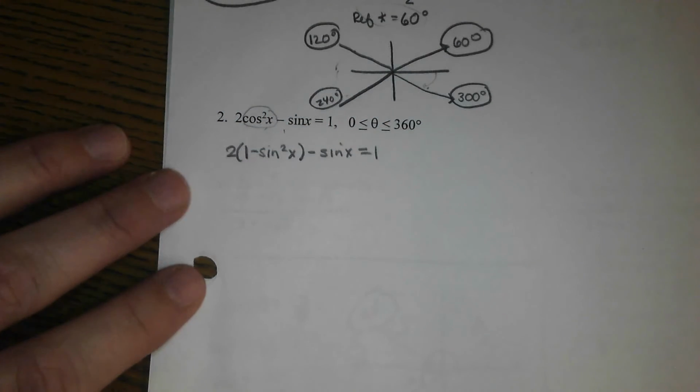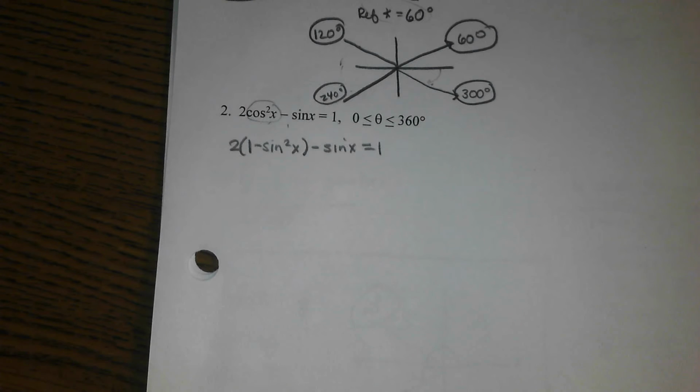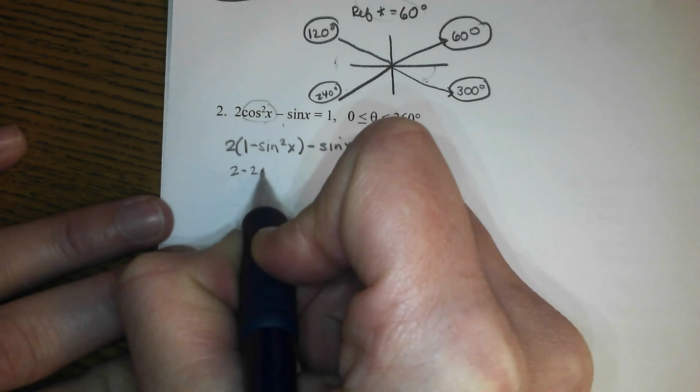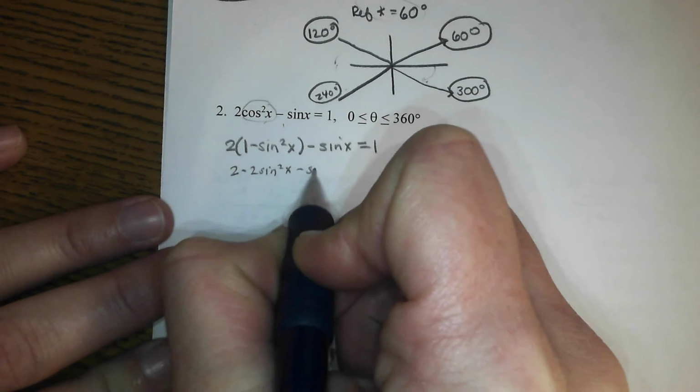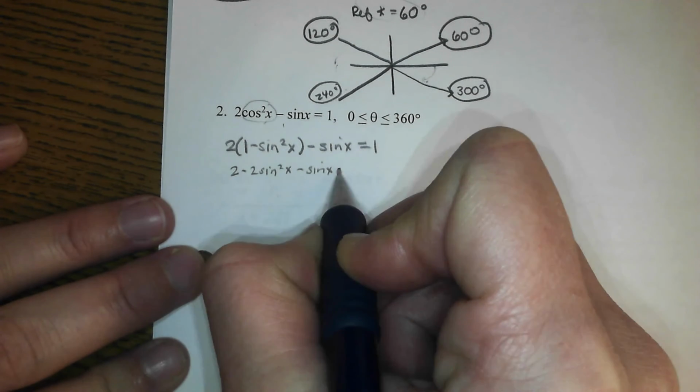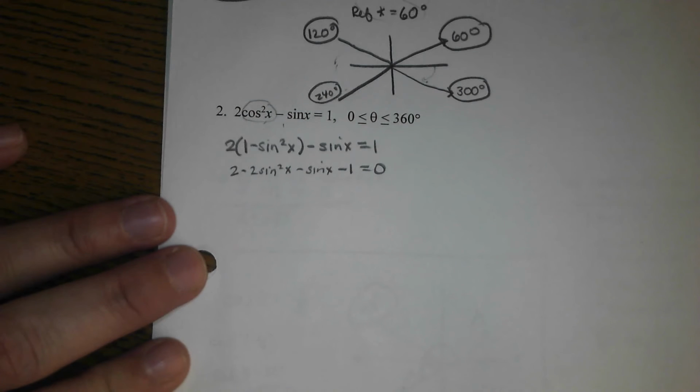I did my substitution right away, but my substitution turns it into a quadratic with sine. So now I'll distribute my 2 and subtract my 1 over, so that it equals 0.